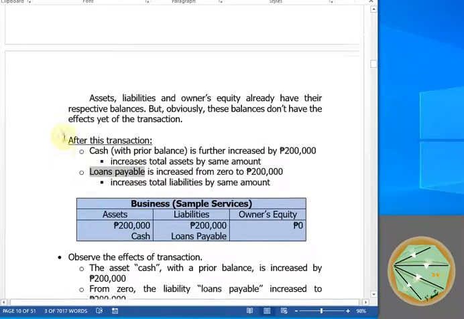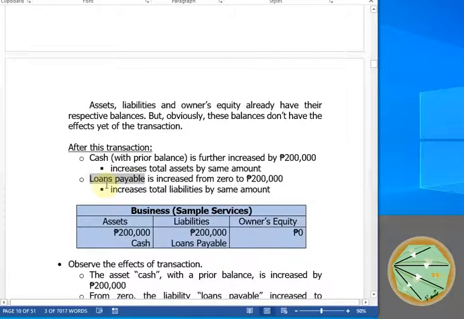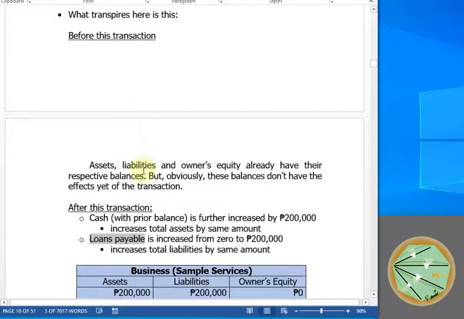So the loans payable previously has zero balance because there were no loans previously, as we remember from all the prior transactions. So loans payable has none so far before this transaction, and obviously after the transaction was consummated, there becomes now a loans payable of 200,000 because you now assume a liability.